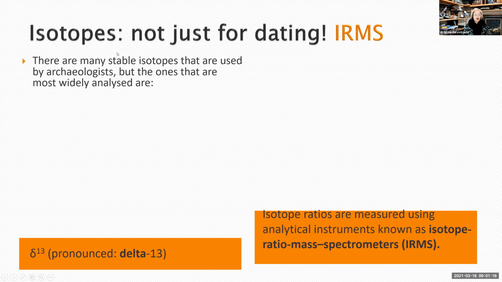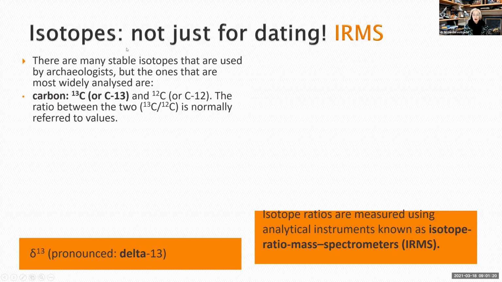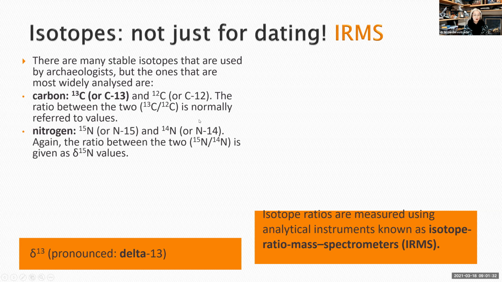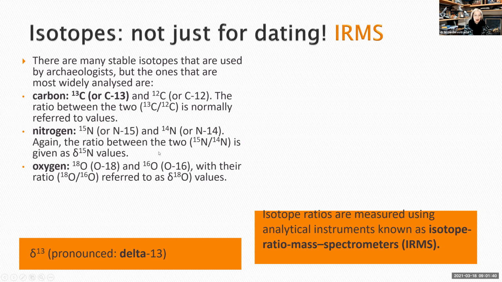All right, the three that we're going to look at real quickly here: carbon-13, that's the isotope they're looking at. Carbon-12 is just stable carbon in the environment. Nitrogen-15 and oxygen-18.